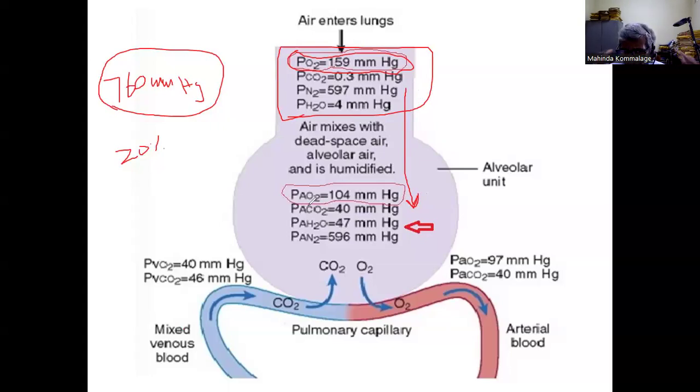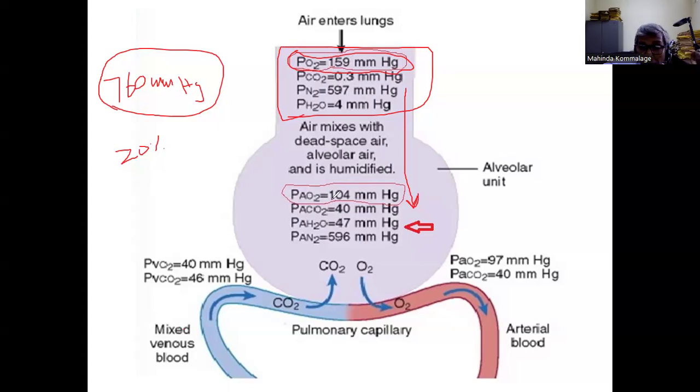As I mentioned, in the alveoli there is always some amount of gas that we cannot remove. So tidal volume comes and mixes with the residual volume. Here you can see the partial pressure of oxygen is about 104, while outside it's 159 or 160. The partial pressure of oxygen is reduced.